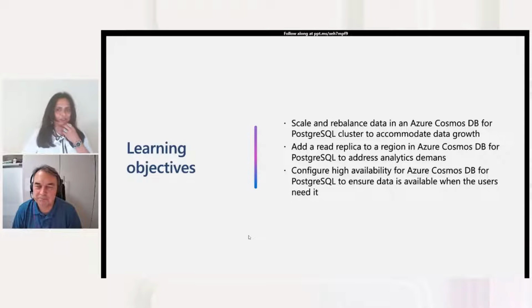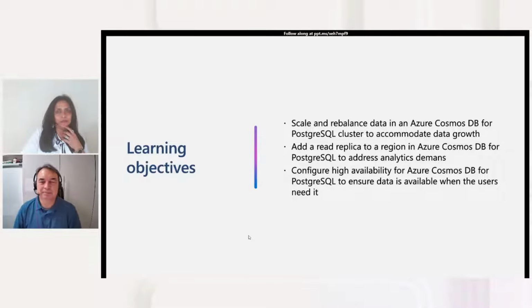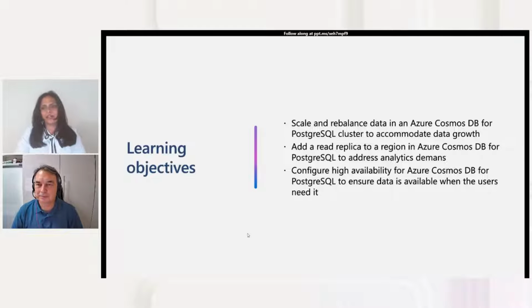Thank you for that, Goran. So now that we know what Azure Cosmos DB for PostgreSQL is, I'm just going to talk about what Goran and I are going to cover today, because as you know, there are multiple modules in the Learn module for Azure Cosmos DB for PostgreSQL. But we are going to talk about the scale and the rebalancing of data in the Azure Cosmos DB.